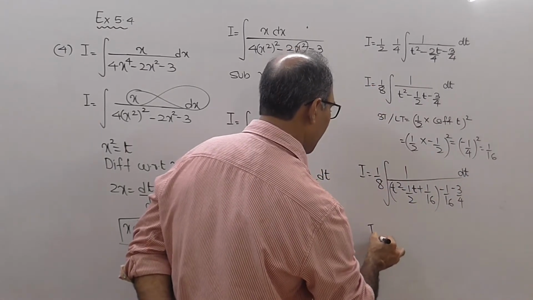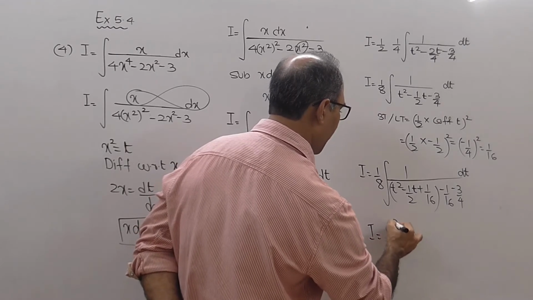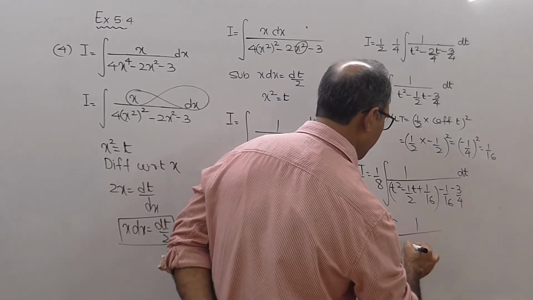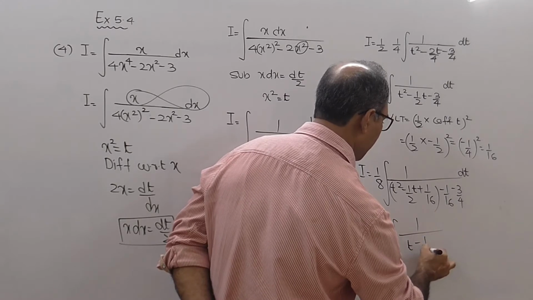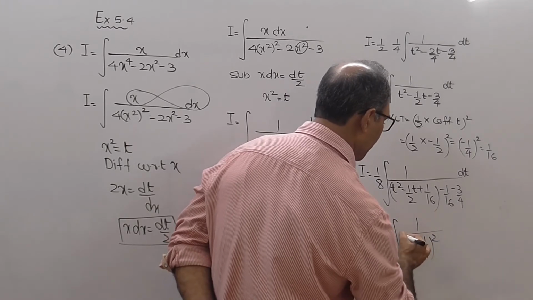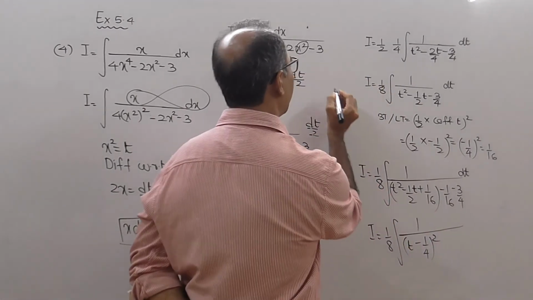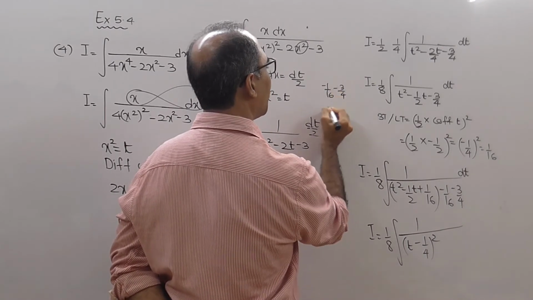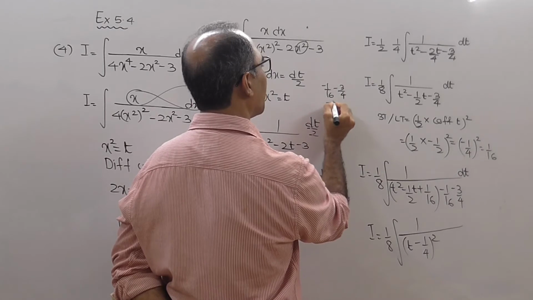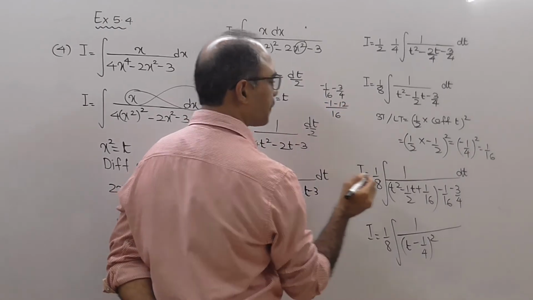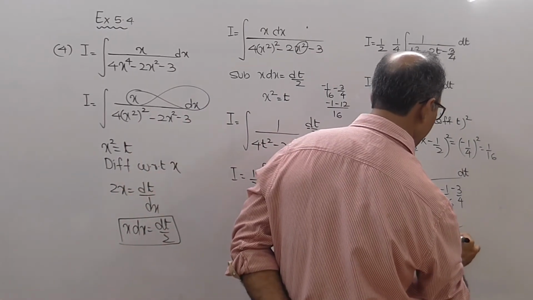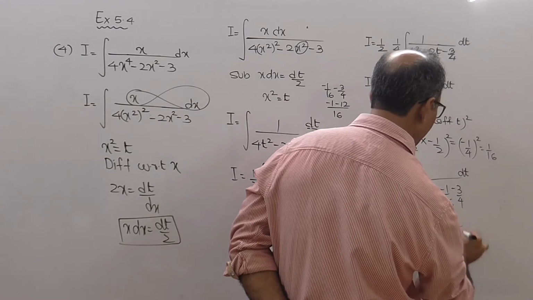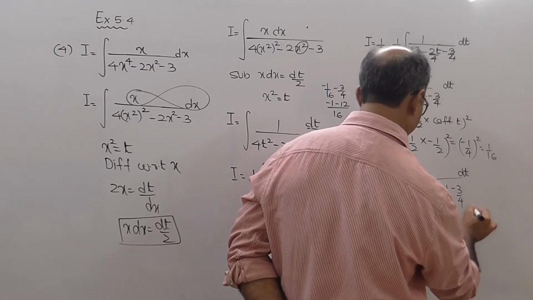So you get I equal to 1 upon 8 integration, this is t minus 1 upon 4 the whole square and minus 1 upon 16 minus 3 by 4, I think 16 आएगा, minus 1 minus 12, I think this is minus 12 upon 16 and dt आएगा.